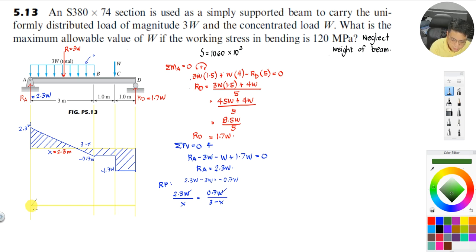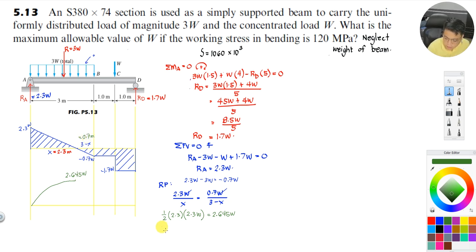The area is 1/2 of 2.3 by 2.3 of W, so that is 0.5 of 2.3 times 2.3 of W, which is 2.645 of W. So you can have this point as 2.645 of W. If this is 3 minus x, that is now 0.7 meters.